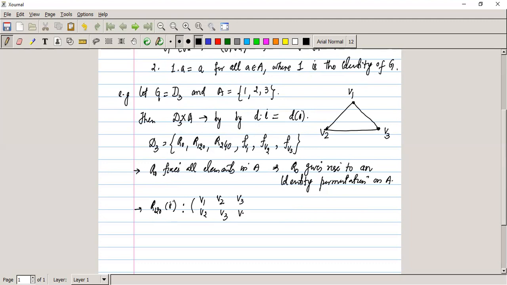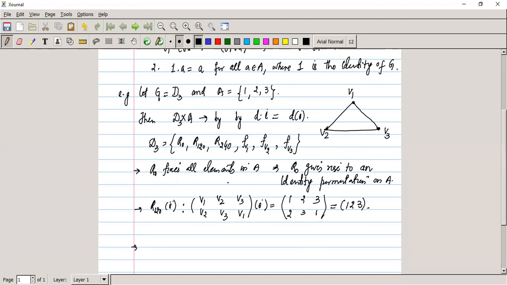Acting on the elements I, the image of 1 under this mapping is 2, the image of 2 under this rotation is 3, and 3 is sent to 1 under this rotation R120. So the permutation that arises from the rotation of 120 degrees is the permutation (1 2 3).